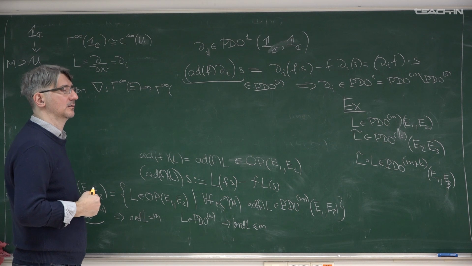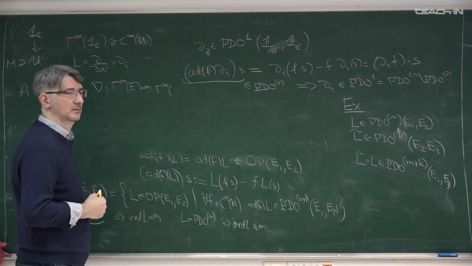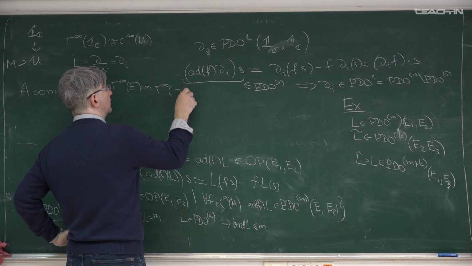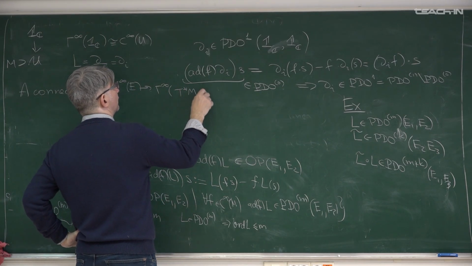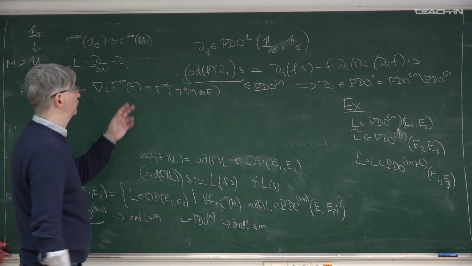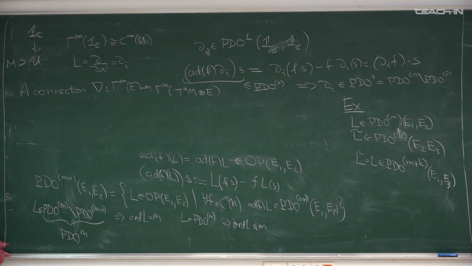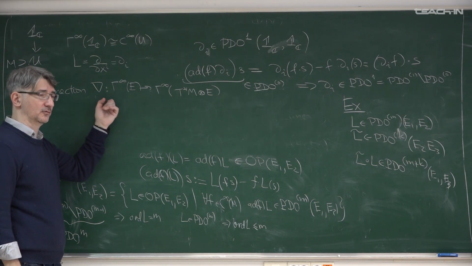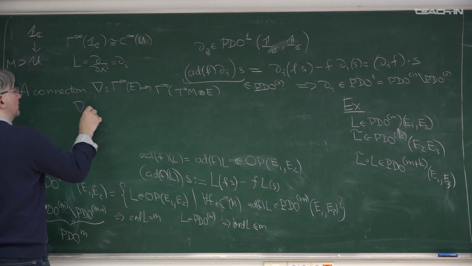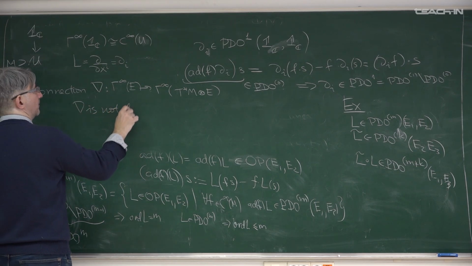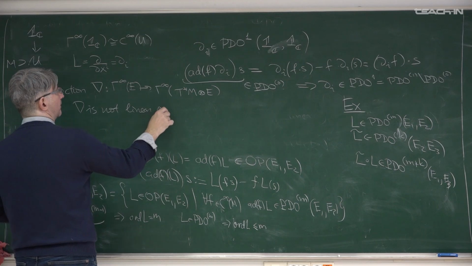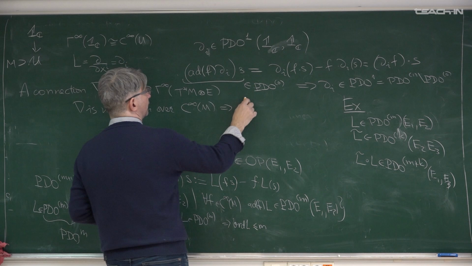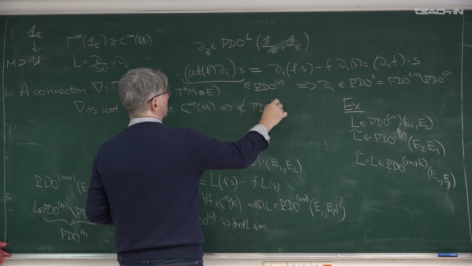Please remind me which. Cotangent, yes, that's correct: T star of M tensor E. So this is the source, this is the target. We said that nabla is not linear over functions, which is obvious. So nabla is not linear over C infinity of M, hence does not belong to PDO of zero order.